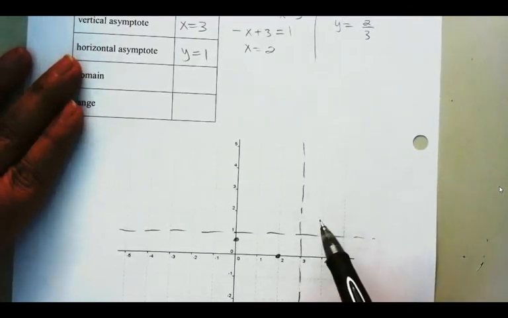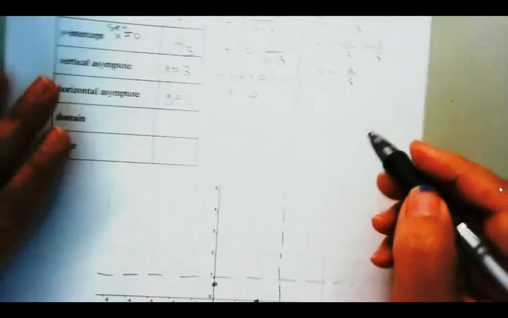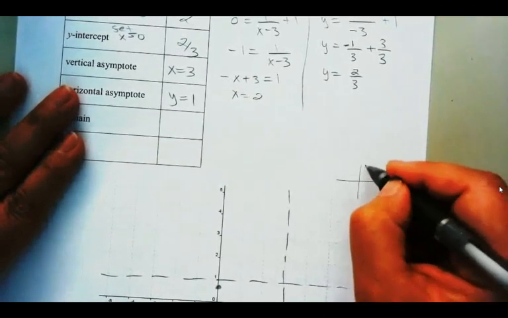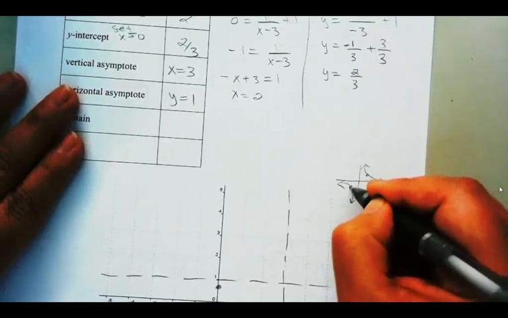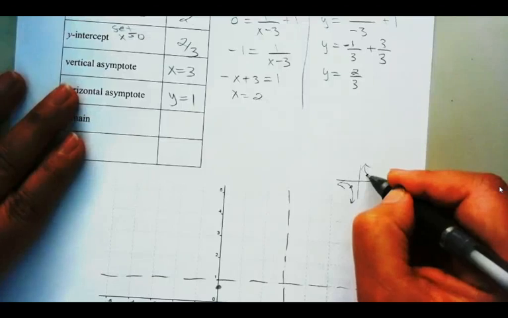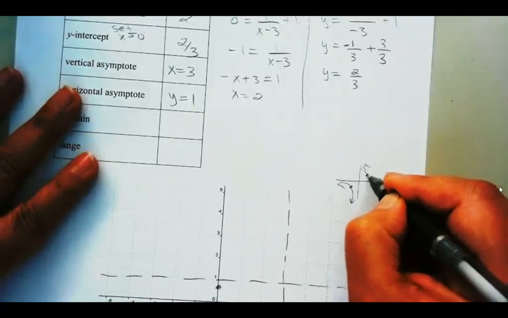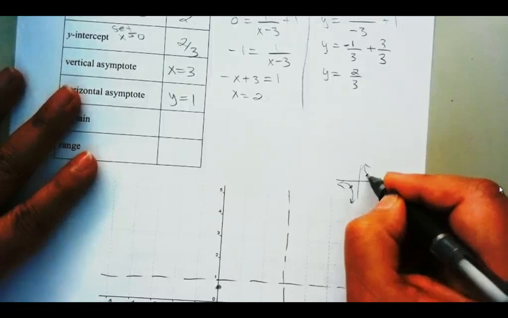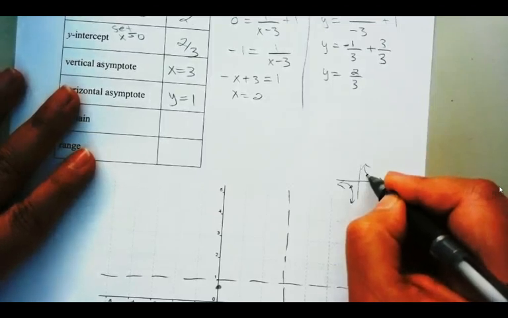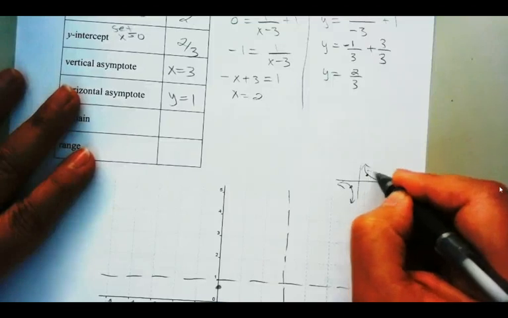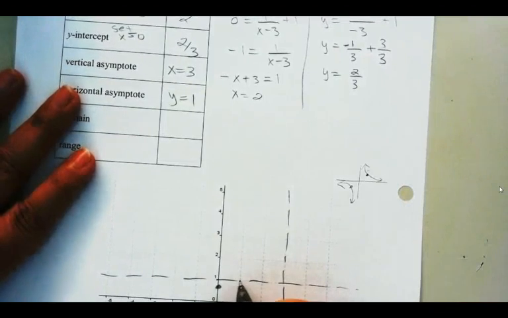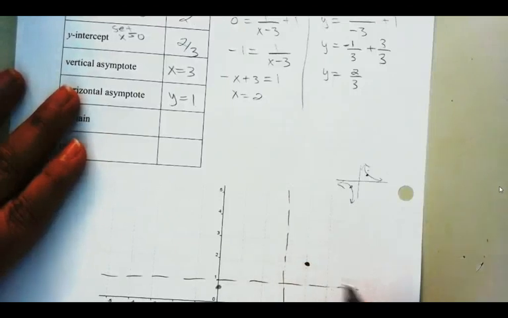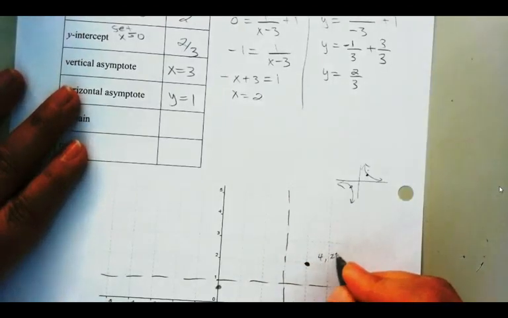Where was the point originally, if we think of our parent function? This one was at 1, 1. Where has it moved? It's moved up 1 and right 3. So it was here, goes up 1 and right 3, and ends up right here. That's how I know where this point is. So this is at 4 and 2.